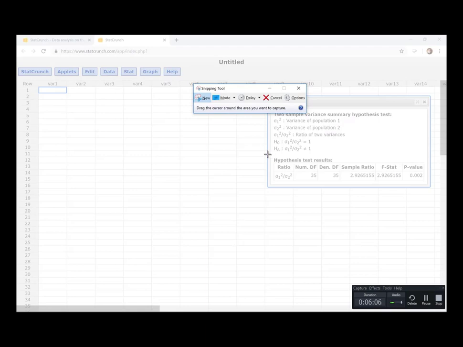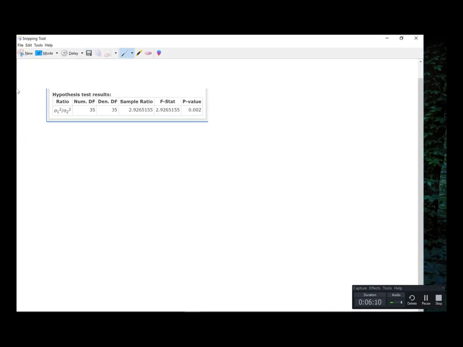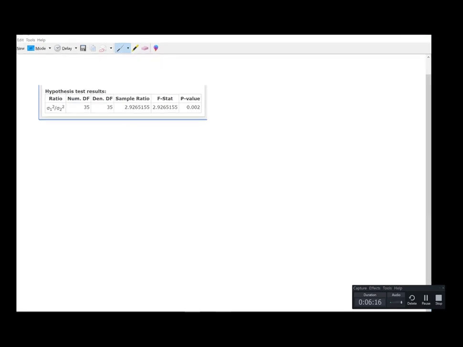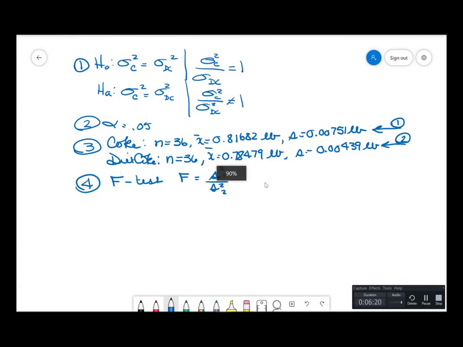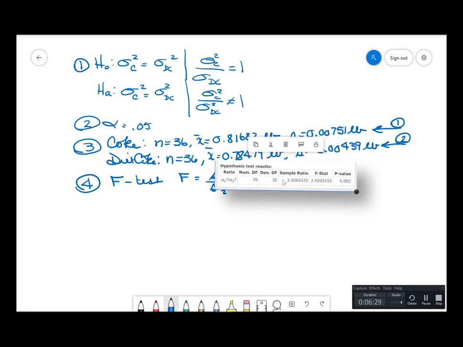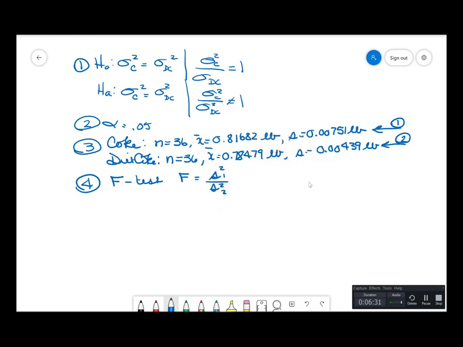And I'm going to snip my results, and copy this. And I'll take that back to my whiteboard. And there it is. I'm going to make it just a little bit bigger so I can actually see it.